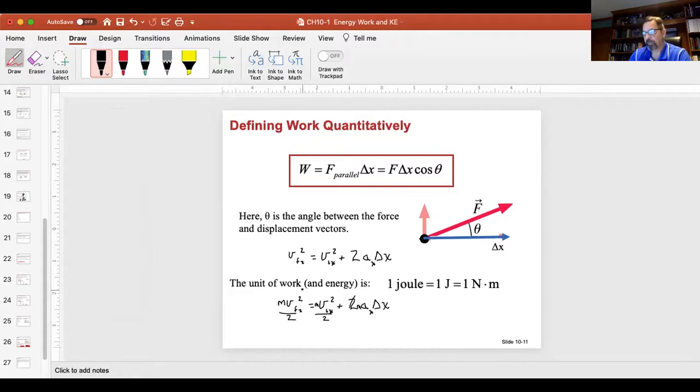Okay. And hopefully, if you did the reading, looked at the videos, you realize that is the final kinetic energy. That's how we define kinetic energy. Just taking this equation with those 2 simple steps, dividing or multiplying every term by mass and then dividing everything by 2, I get final kinetic energy. It's equal to the initial kinetic energy.